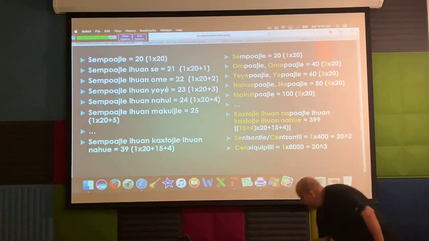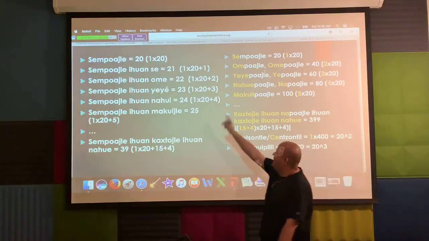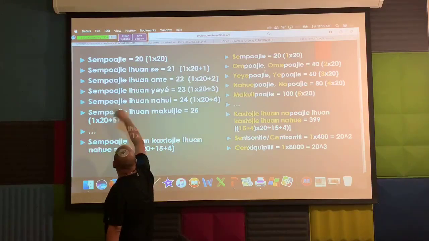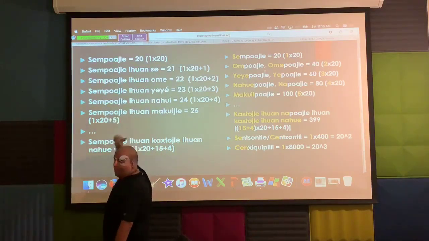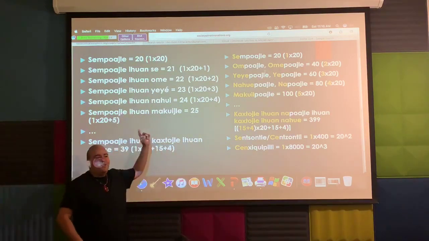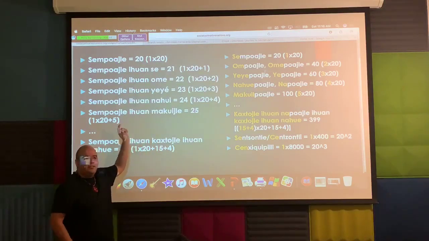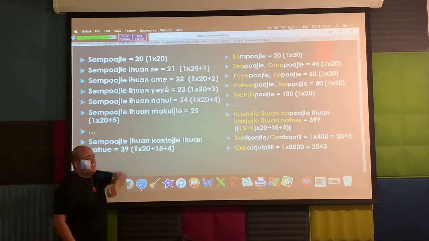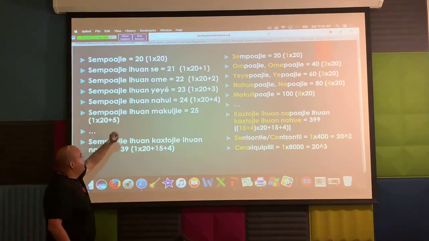Okay, so we already got to simple wahle. And no surprise that in order to continue, you do as you would with 10: you add 1, you add 2, you add 3, you add however many you need in order to make the number. So for example, I don't have it up here, but how would you say 30?